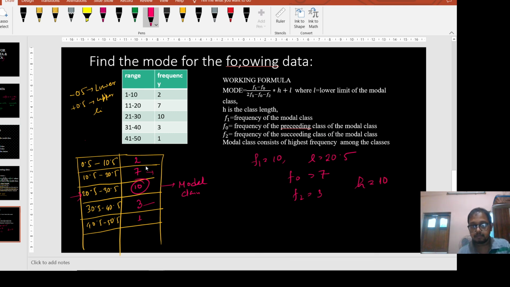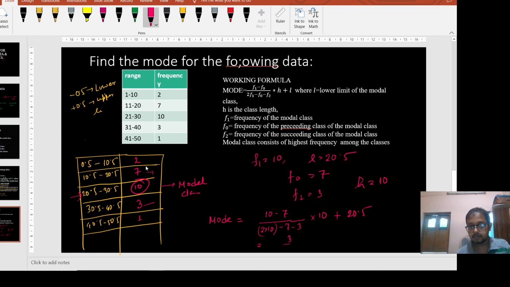So here the mode will be of the form f1 minus f0, that is 10 minus 7, divided by 2 into 10 minus f0 7 minus f2 3, into 10, plus 20.5.